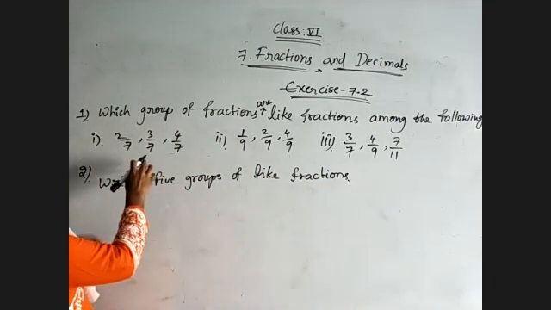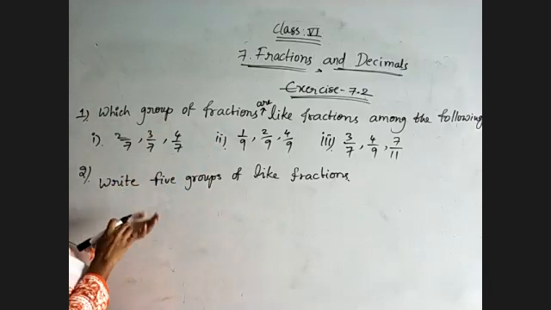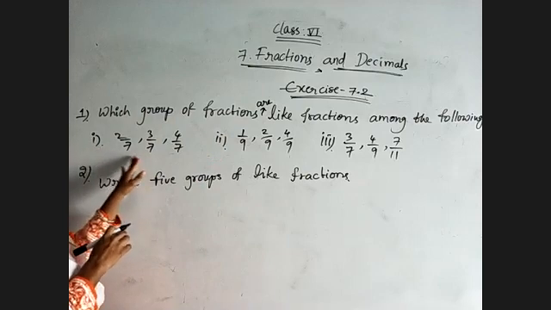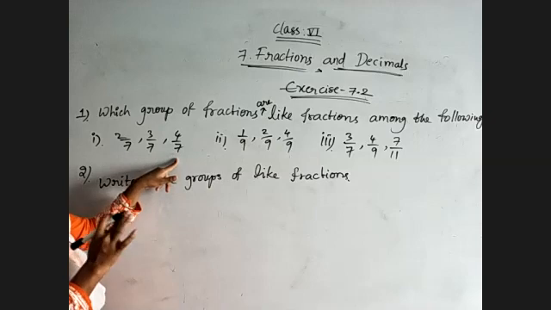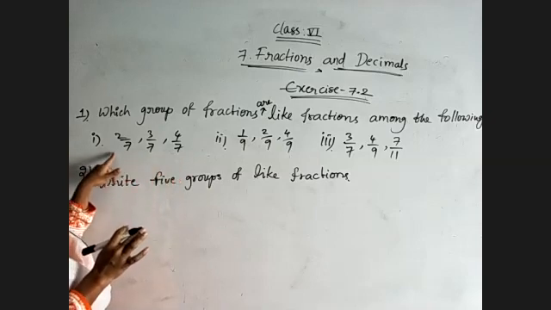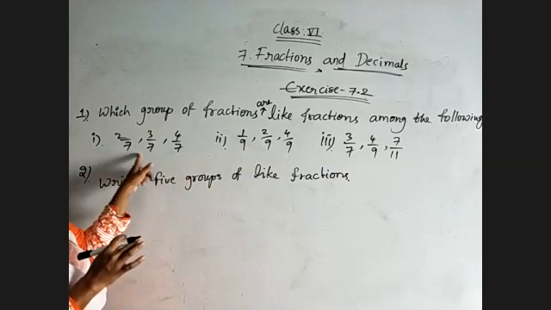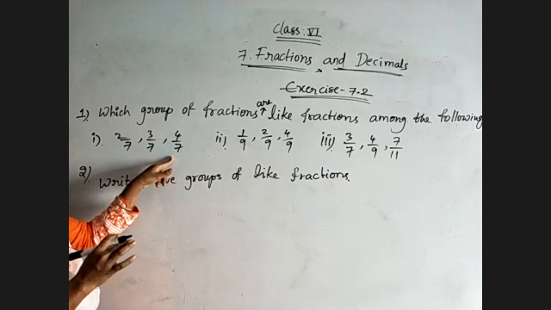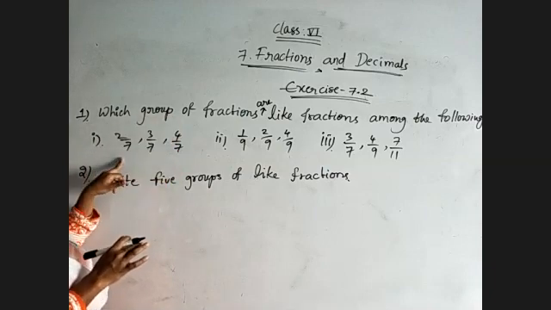Now coming to the first question, which group of fractions are like fractions among the following given? Your first problem, 3 fractions are mentioned, 2 by 7, 3 by 7, 4 by 7. Like and unlike, compulsory we need to check their denominators. All the given fractions have the same denominator. So this first group of fractions are like fractions, having 7 only as the denominator.